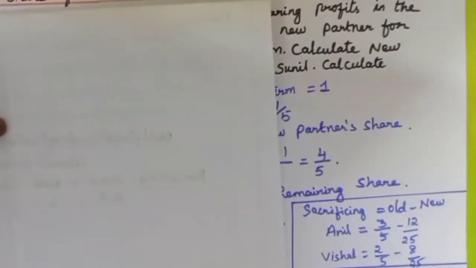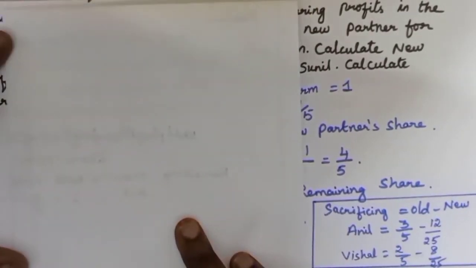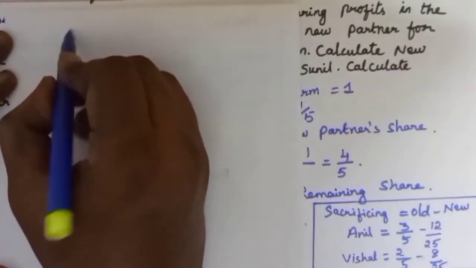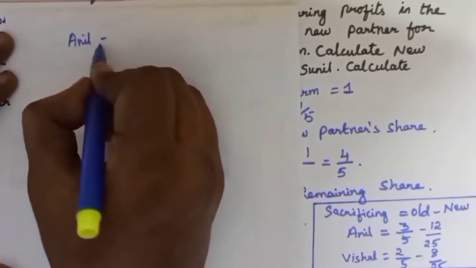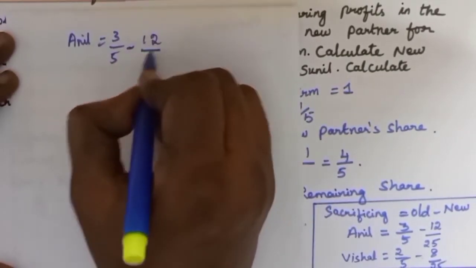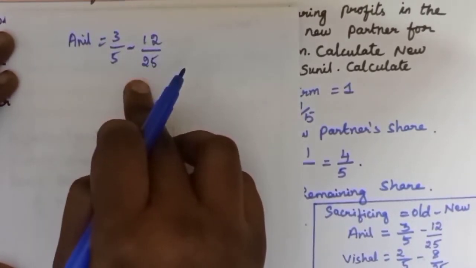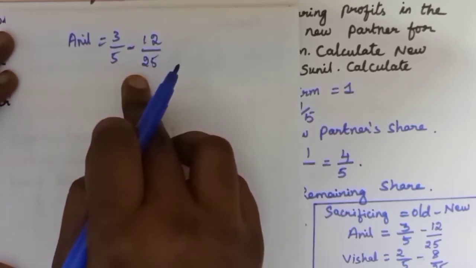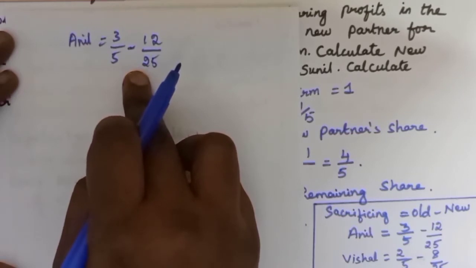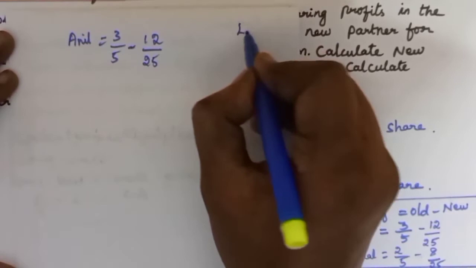We will see how to calculate the share sacrificed by the old partners. First, share sacrificed by partner Anil is equal to 3 by 5 minus 12 by 25. To subtract, the denominator must be the same. Here the denominator is different, so we have to find the LCM. 5 and 25, LCM is 25.